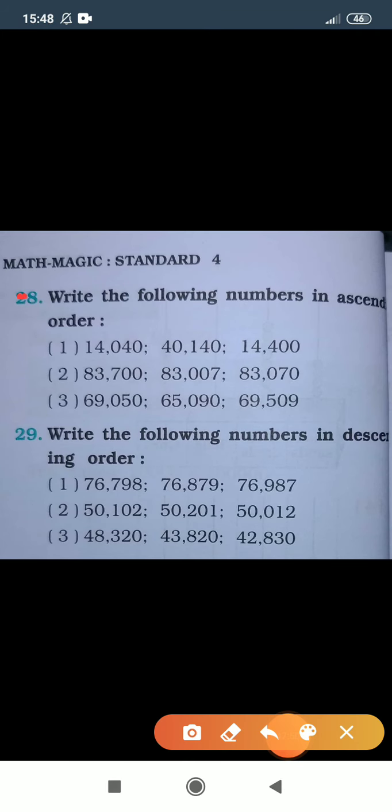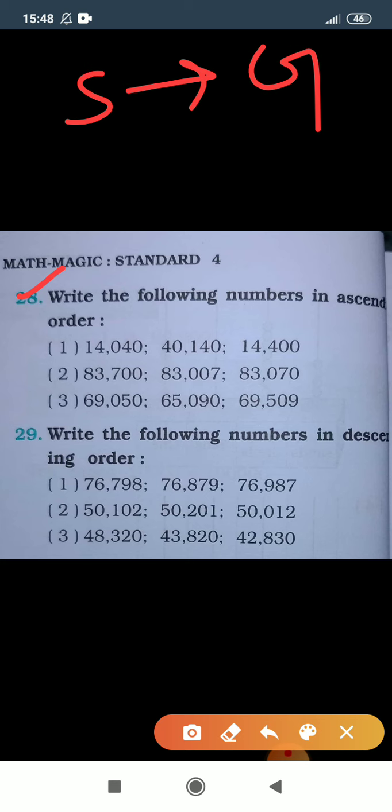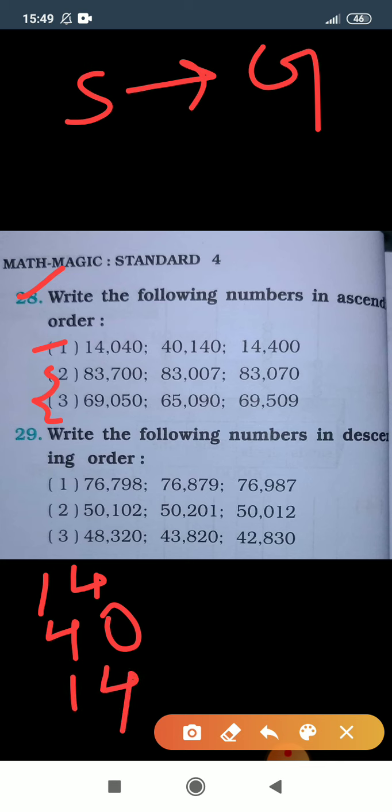Now question number 28, write the following numbers in ascending order. Ascending order means smaller to greater. So first I will solve, and these two you need to do in your homework. First we'll write the first 2 digits of each, 14, 40 and again 14.